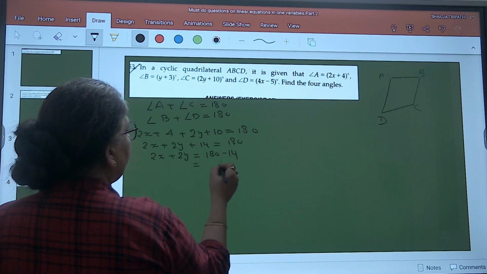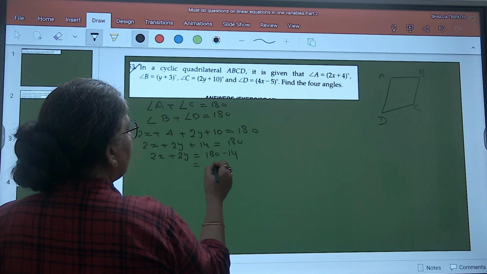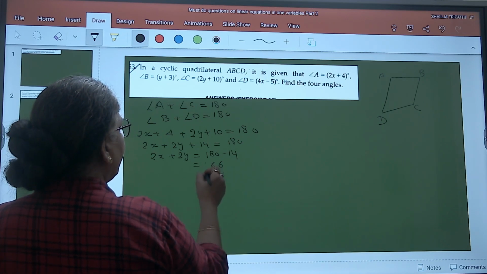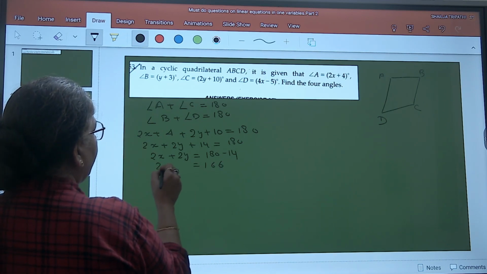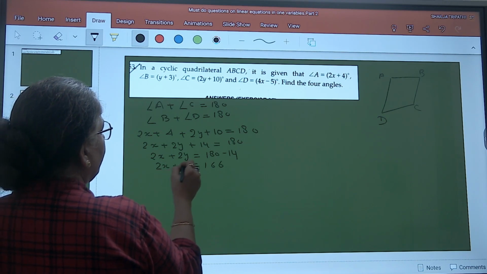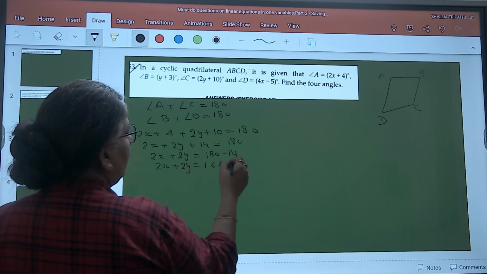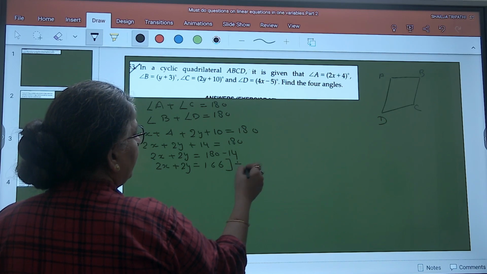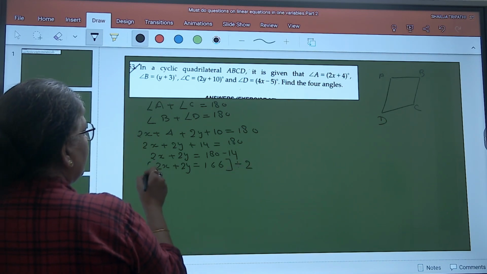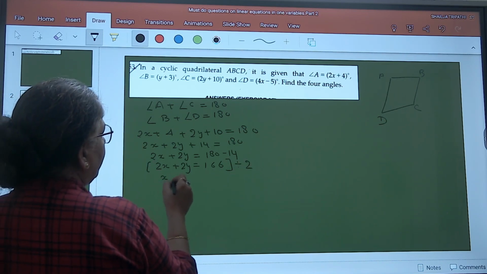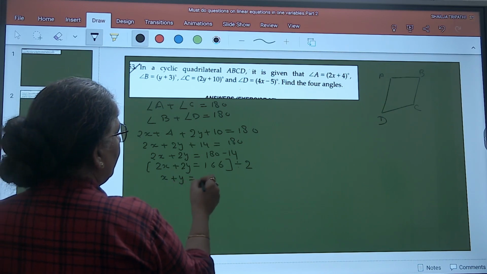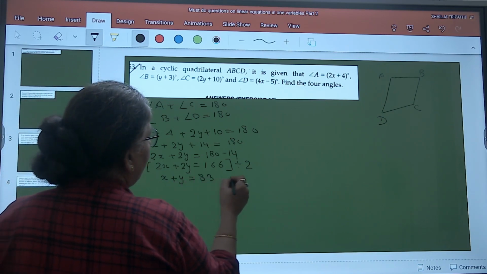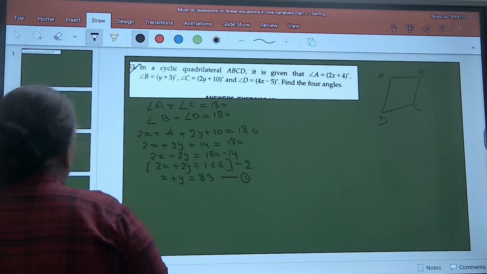That is, you get 166. That is 2x plus 2y is 166. Now divide the whole equation by 2. So we get x plus y is equal to 83. And this is our equation number 1.